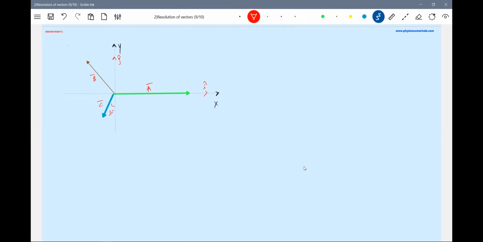This will make an angle 30 degrees, this is 45 degrees. The value of A is 8 Newton, B is 4√2 Newton, C is 2 Newton. Find 2A bar plus 3B bar plus C bar.